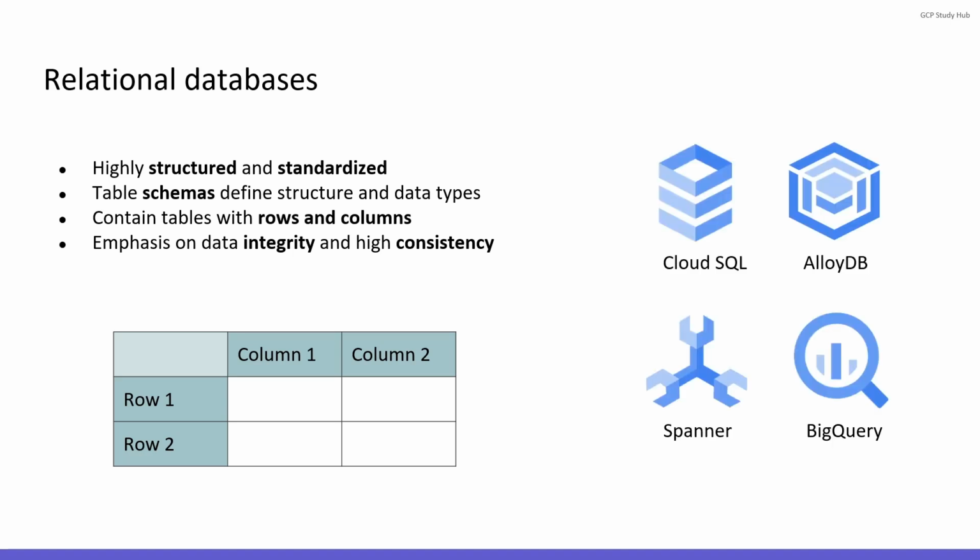On the right side, you can see examples of relational databases supported by Google Cloud, like Cloud SQL, AlloyDB, Spanner, and BigQuery. These services help manage data in a relational, highly organized manner that provides robust data analysis and operational reliability.